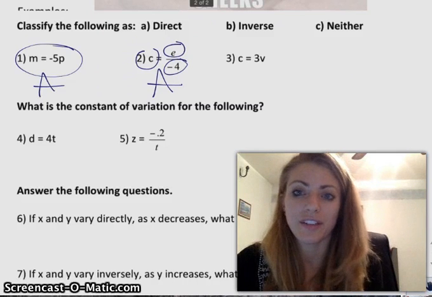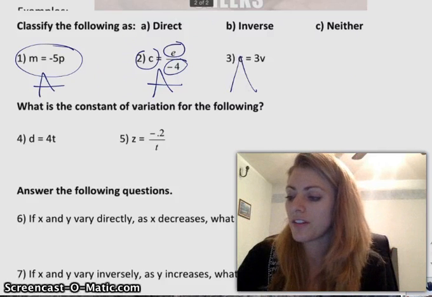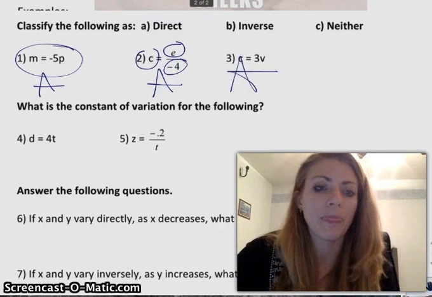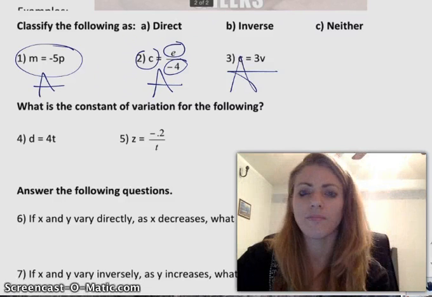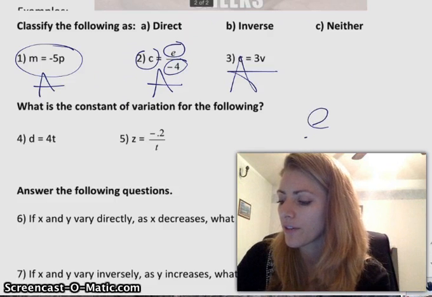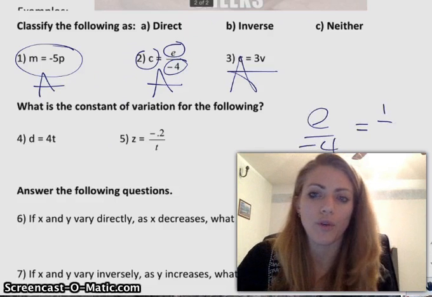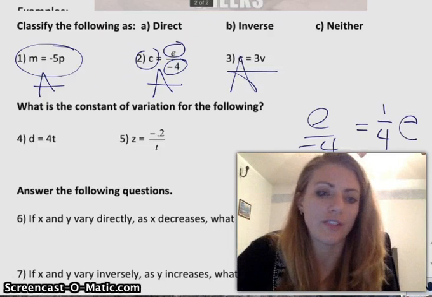Well, as c increases, v increases. This is also direct. My problems are varying quite a lot there. Now, if you're confused about 2, you can rewrite e over -4 as 1 over 4 times e. And so that's still a direct relationship.